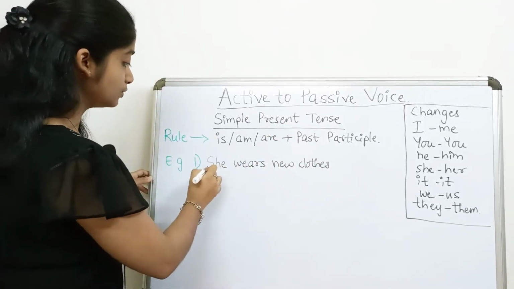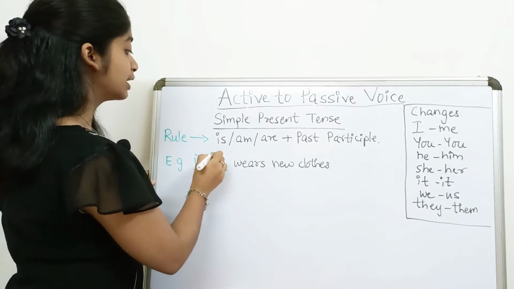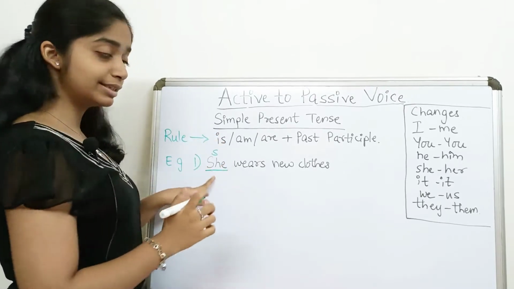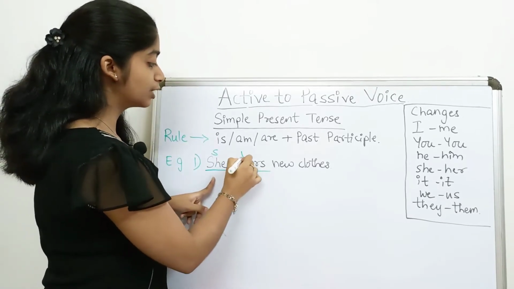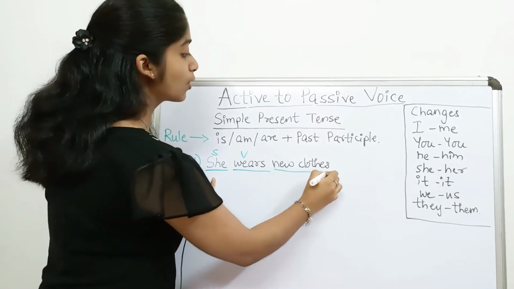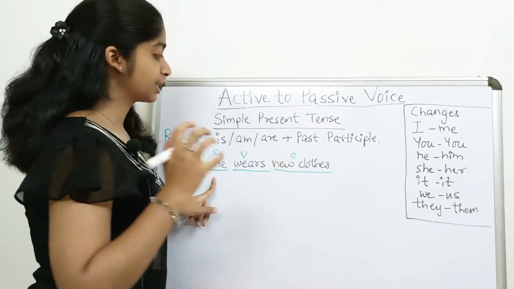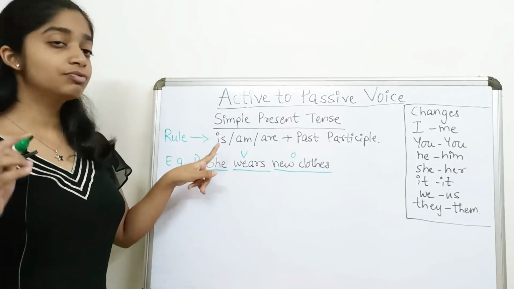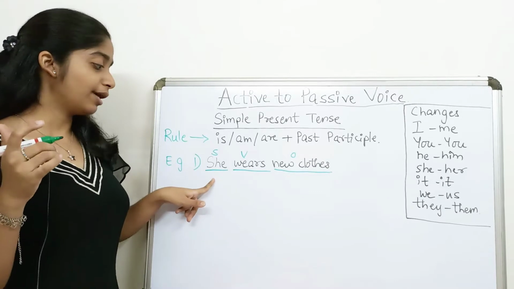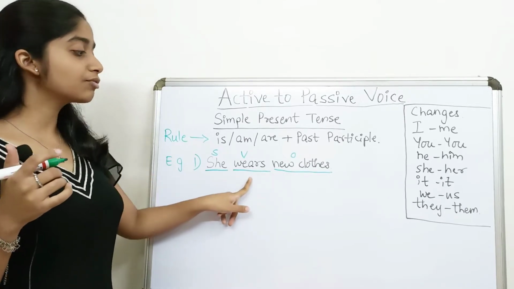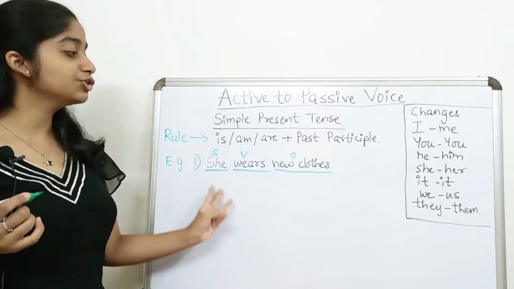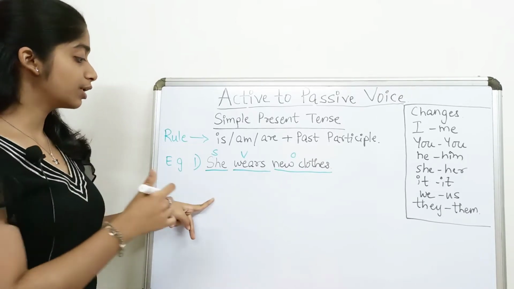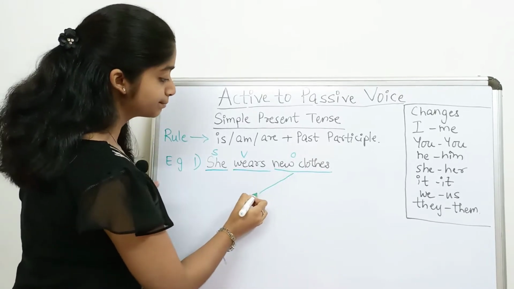So, here she is the subject of this sentence, right? Wears is the verb and new clothes is the object. In the active voice, we will always come across this pattern, SVO: subject, verb, object. And in the passive voice, we have to change it. Object will come at the first.